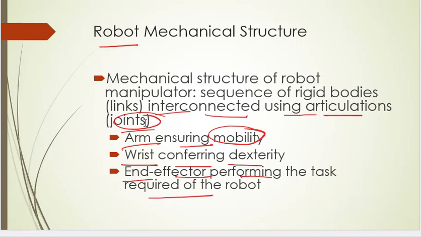As a mechanical engineer, you have to know how the arm ensures mobility, how much motion and mobility we get, how the wrist confers dexterity, how many angular movements there will be, and in what direction the end effector will go, which depends on the task requirement of that robot.